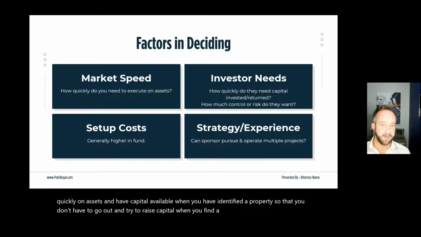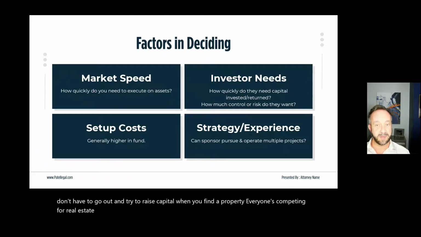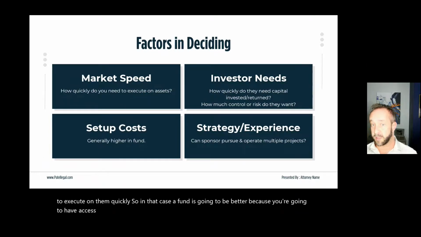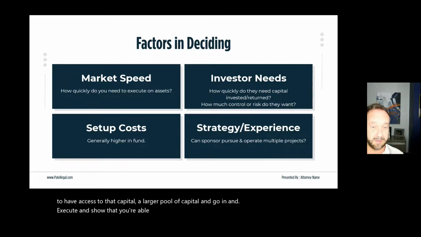Everyone's competing for real estate, and once they find good properties that are good deals, they want to be able to execute on them quickly. So in that case, a fund is going to be better because you're going to have access to a larger pool of capital, and go in and execute and show that you're able to actually pursue and execute on the deal.